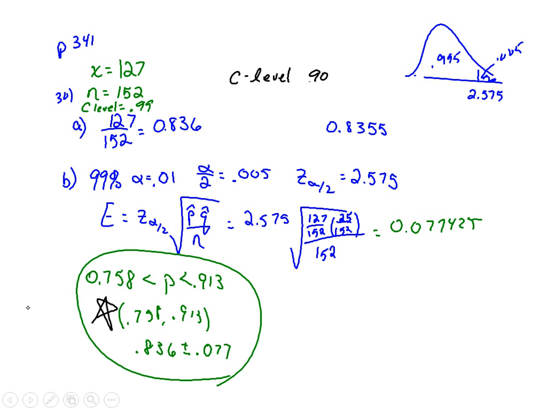Now I want you to find out if you're right or wrong, because I didn't let you. Everything else is staying the same except the confidence level is going to go to 90% confident.